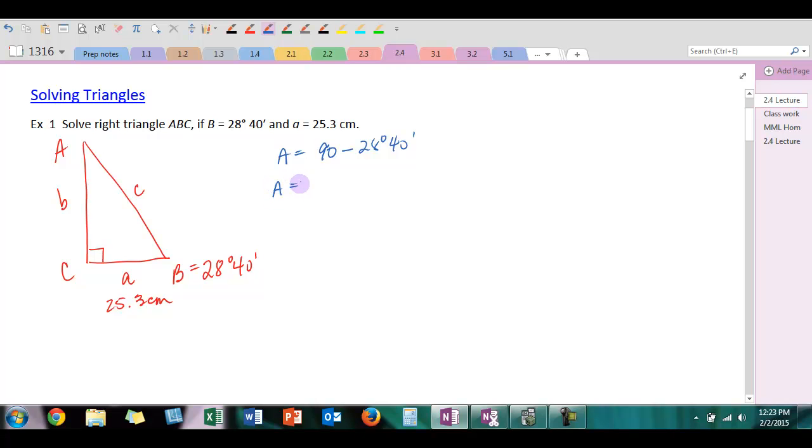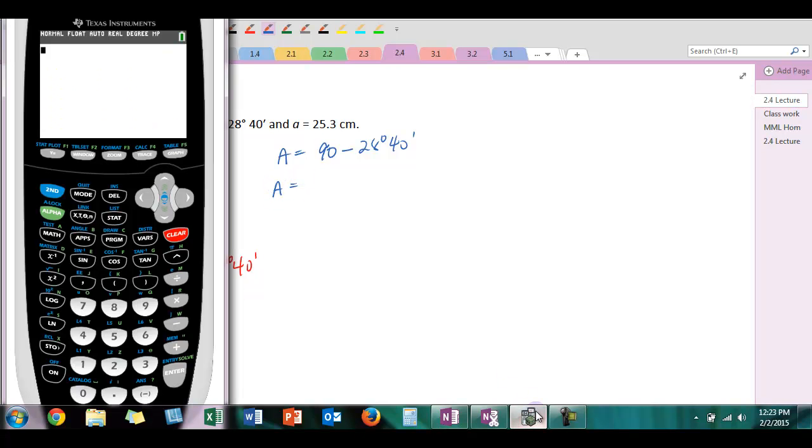So we're just going to do this on the calculator. So I say 90 minus 28. Remember, when we want to do an angle like that, I do second apps. Choose option number 1, 28 degrees 40. Second apps again. Option 2 gives me the minutes.